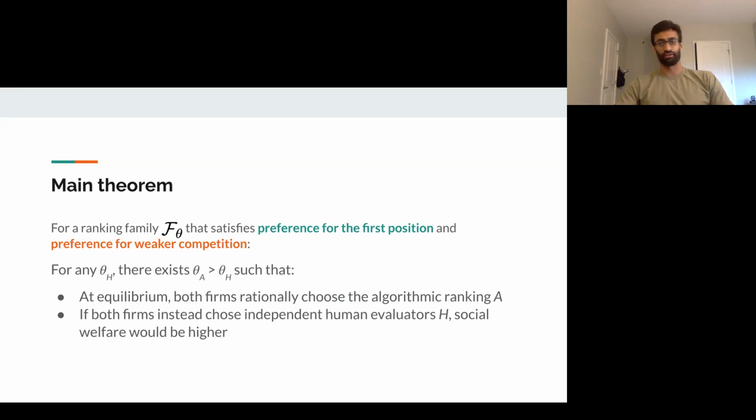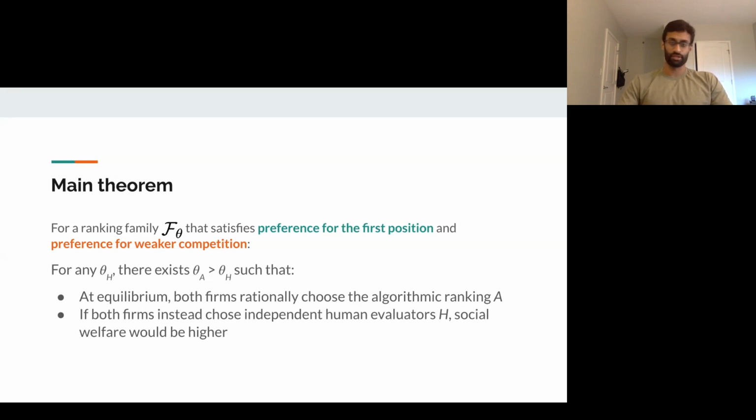If you have one of these ranking families, and it satisfies both of these properties that I asked for, this preference for the first position and this preference for weaker competition, then the theorem is, for any accuracy level of the human decision maker, there's always a slightly more accurate algorithm that leads to the following two properties.